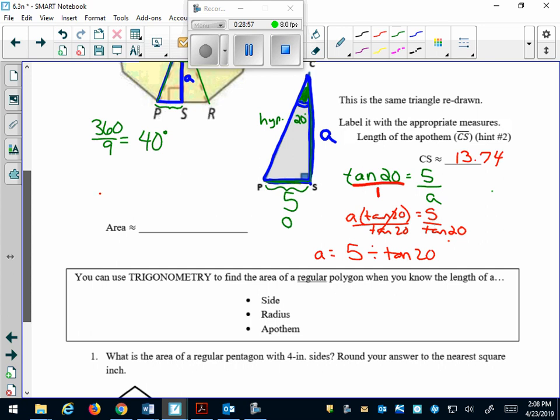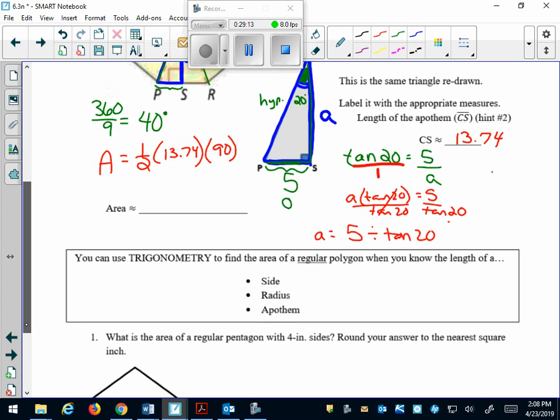So area is 1/2 apothem times perimeter, which we said was what, 90? So we're going to do that on our calculator.